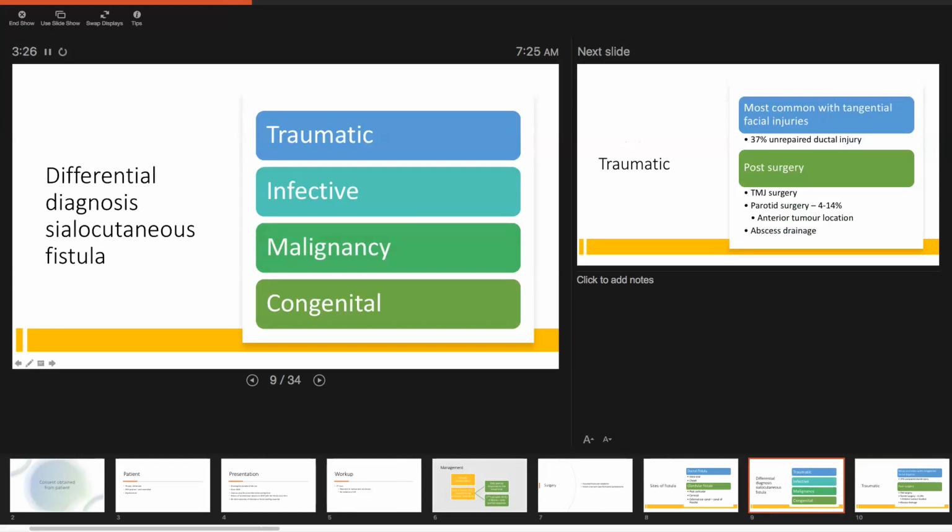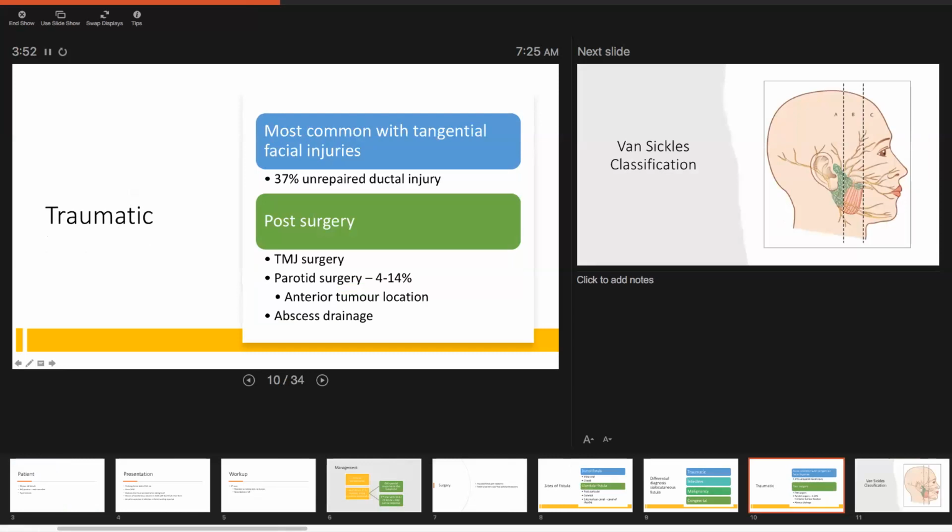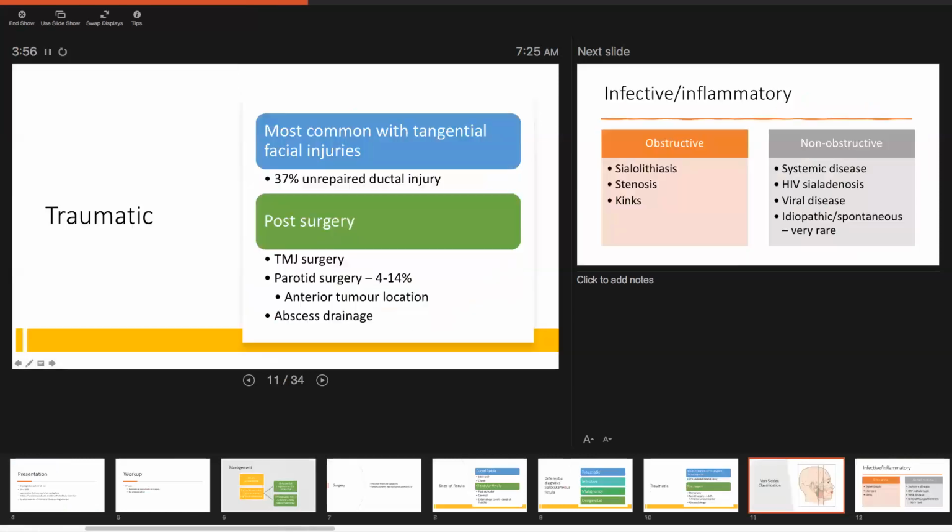Next group would be infective, which are the obstructive infective, post sialolithiasis, or due to viral infection or cellulitis. And then less common is fistula secondary to malignancies, and congenital fistulas.